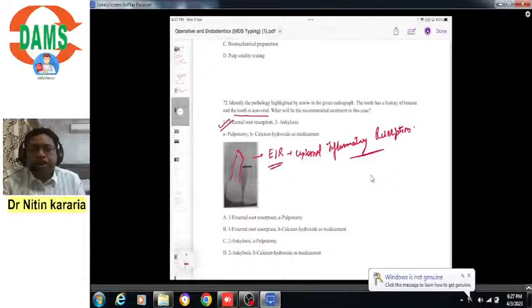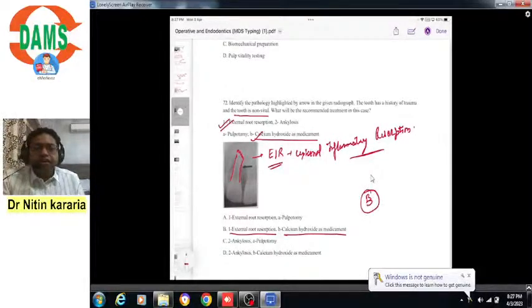So which is the intracanal medicament indicated over here? It is calcium hydroxide as a medicament. Okay, so the second point would be, it is external root resorption with calcium hydroxide as the medicament. So the answer to the above question would be B. Okay.